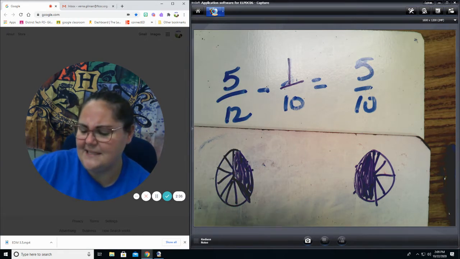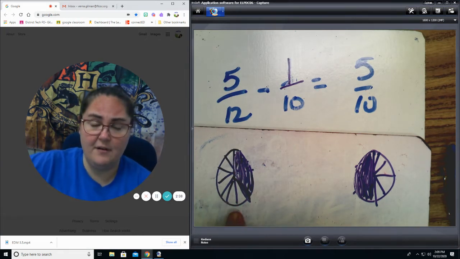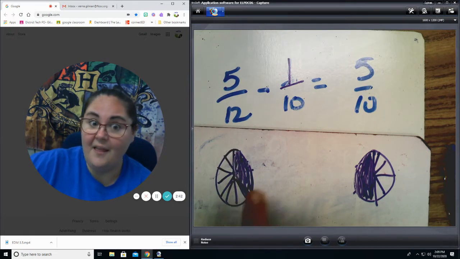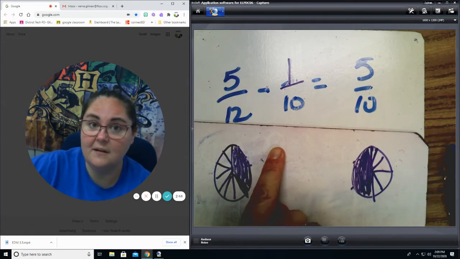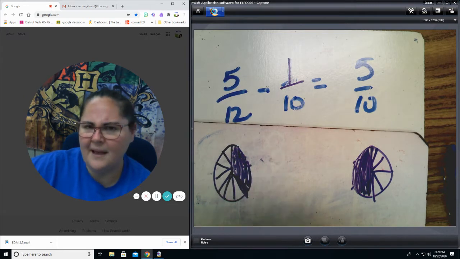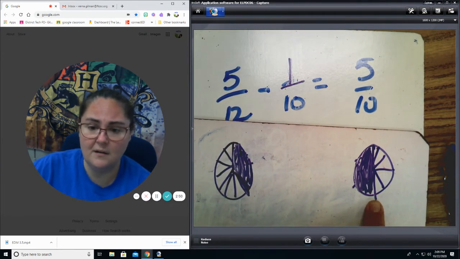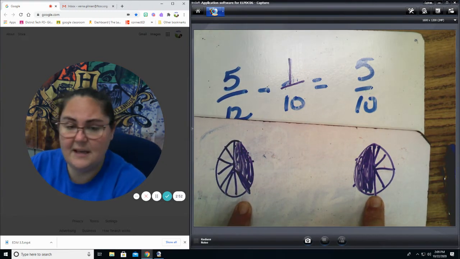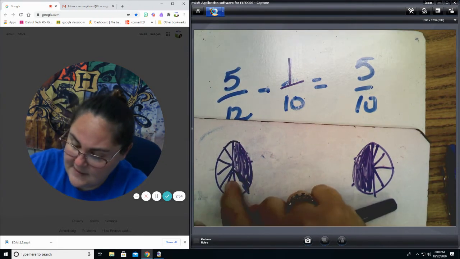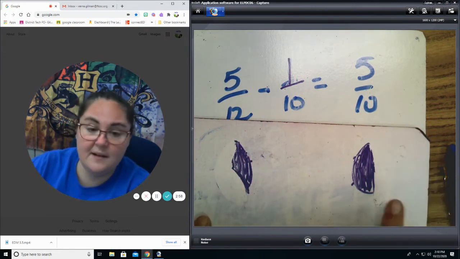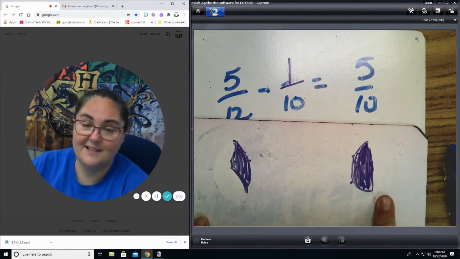When I look at this, I see that this is less than half. So it's already less than half, and then I'm taking something away. My answer wouldn't be half because this is more. So looking at this compared to this picture, this is a lot smaller than this amount. So this is not reasonable.